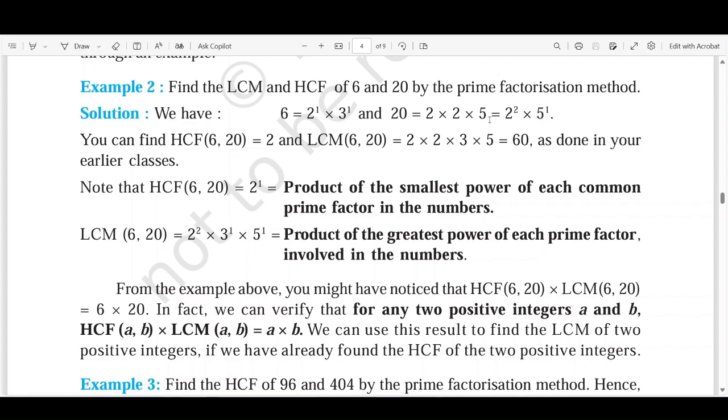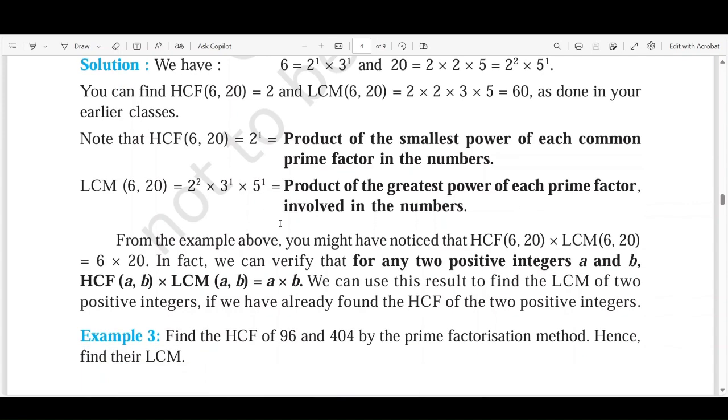Now if we consider the powers, here 2 power is 1, here 2 power is 2. So the greatest value is 2. So 2 square, here we have 3 power 1, here we don't have 3. So 3 power 1 and here we have 5 power 1, here we don't have 5. So we have included 5 power 1.